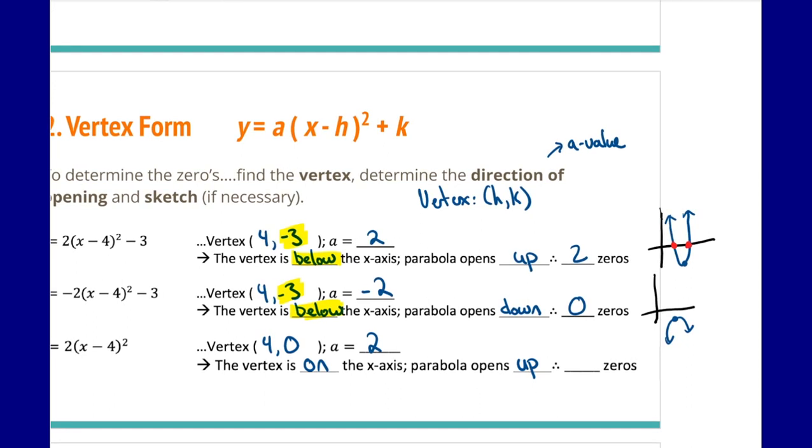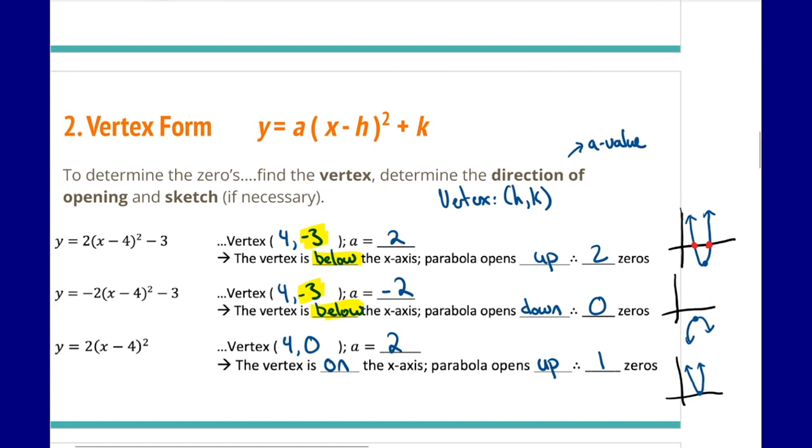Because it's on the x-axis, there's only going to be 1 zero. So if I try to picture it, I have my vertex on the x-axis, and with the parabola opening up, the only time it's ever going to touch the x-axis is at that vertex, or at that single point. So there's only going to be 1 zero, or 1 x-intercept.